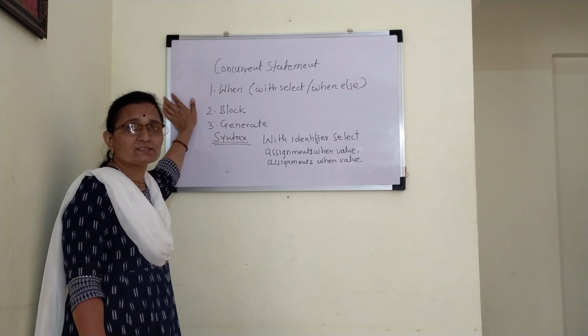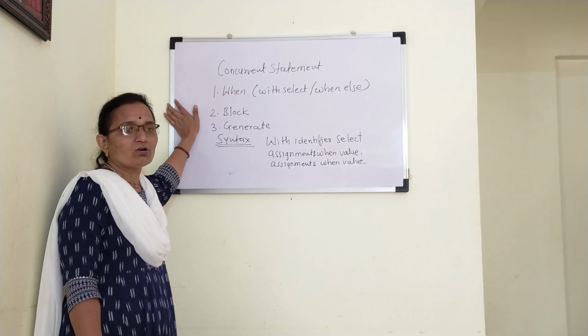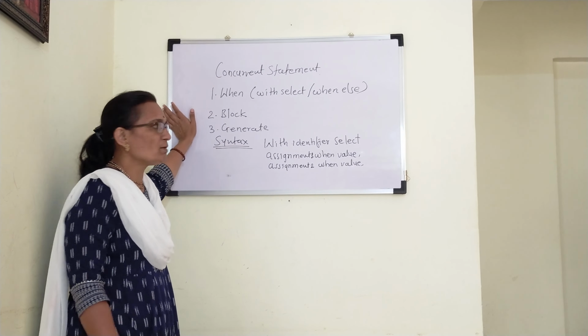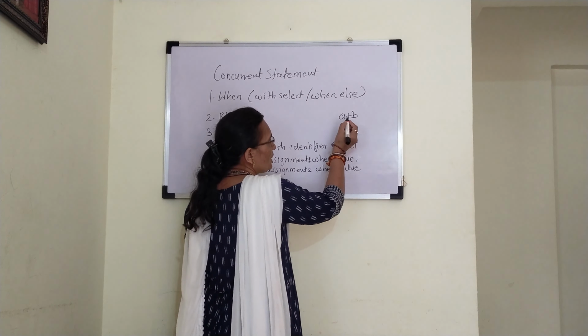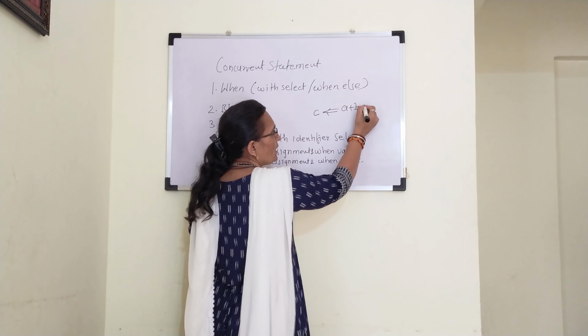So what are the concurrent statements? Concurrent means here we are not going to follow the sequence. For example, I will take A plus B, which is assigned to C, right?